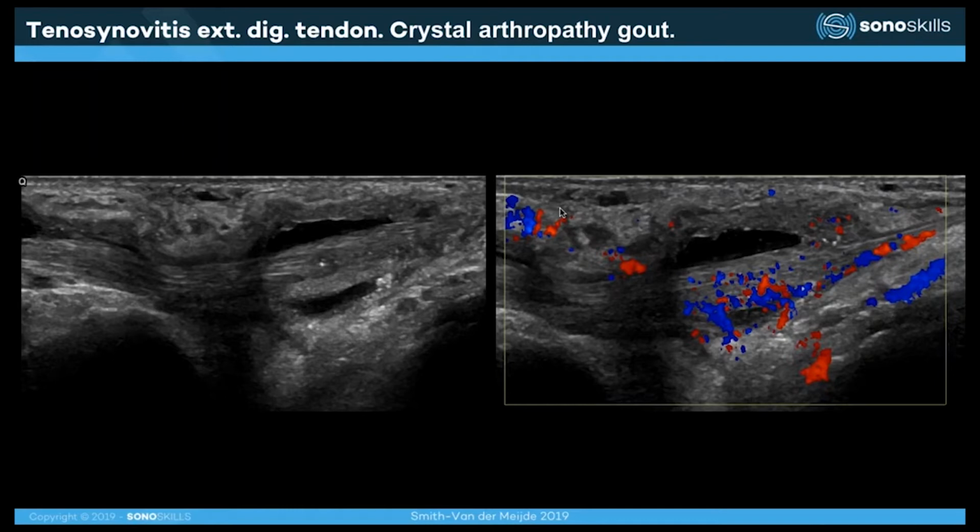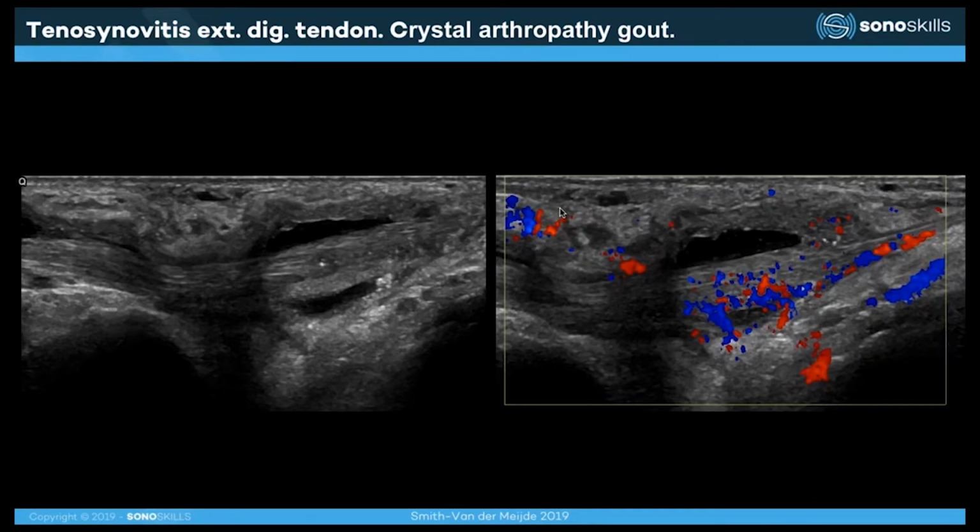In this case, what is pretty typical are the little hyperechoic foci, the little hyperechoic reflections in this extensor digitorum tendon, and this is actually quite typical also for crystal arthropathy and gout.